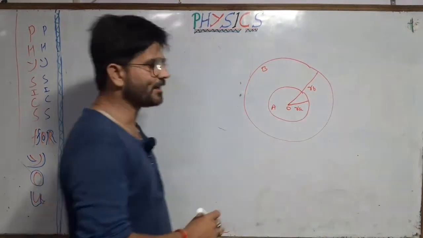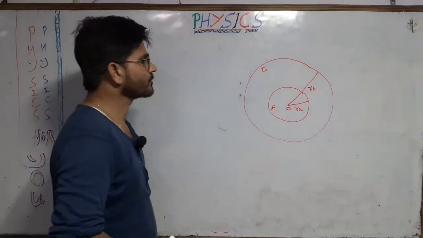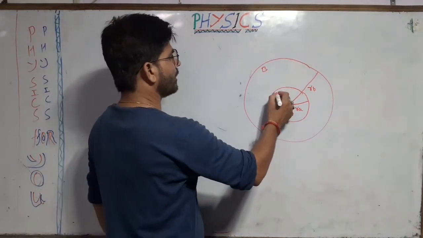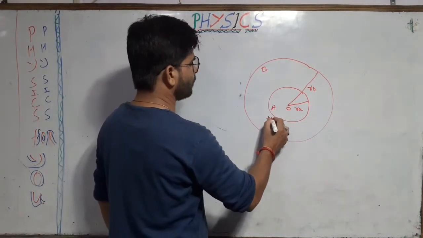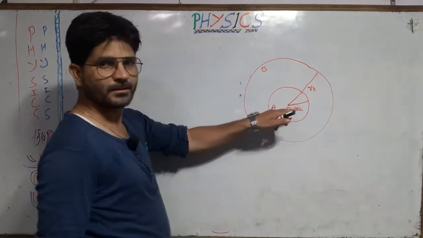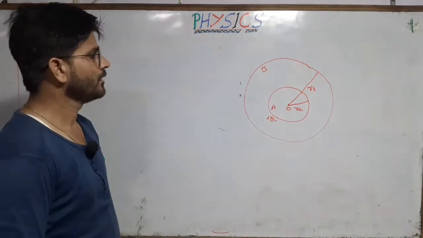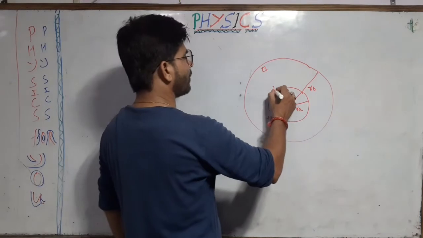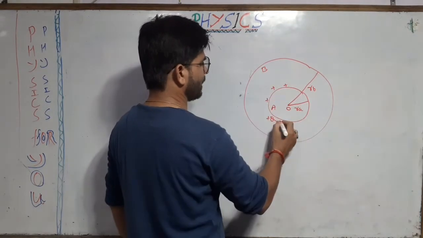Rb. Now if we give a plus q amount of charge to the inner sphere, this charge resides on the surface of the sphere, as you already know.